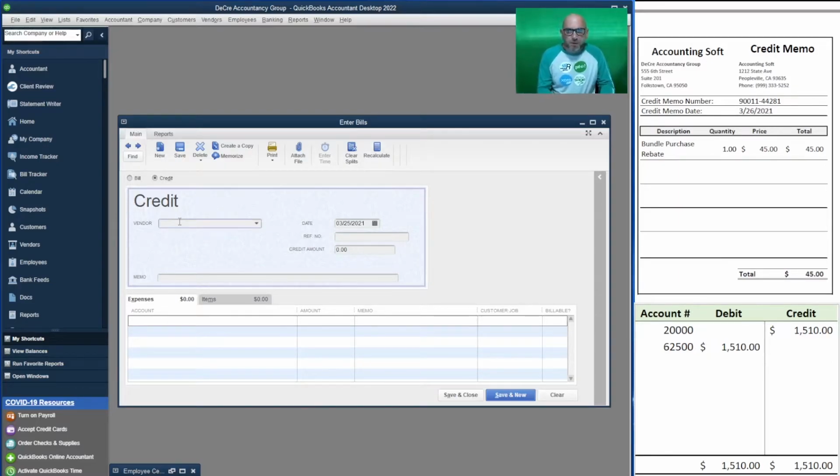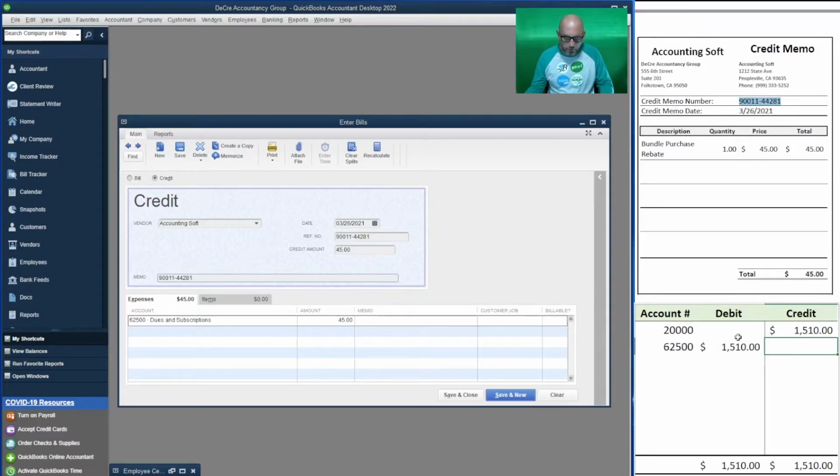So again, accounting software, 3/26/2021. Here's our reference, $45. All right, using subscriptions, it reduces a couple of things, right? It reduces our expenses and it reduces our accounts payable.